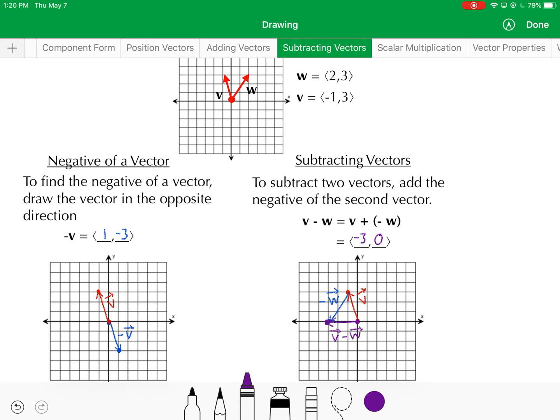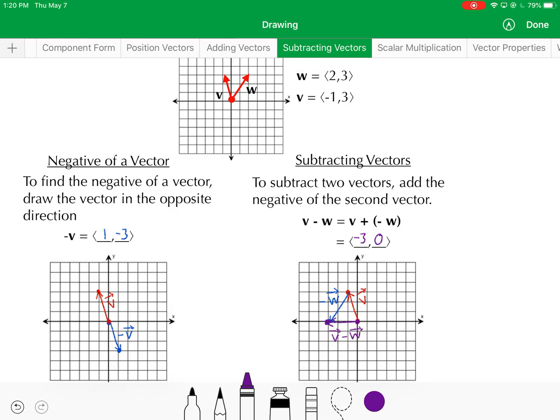Okay. And similarly, if you just subtracted the vertical component of vector v by the vertical component of vector w, 3 minus 3 gives you 0. Okay, so it should be really easy to do algebraically if you're given the components of the original 2 vectors.